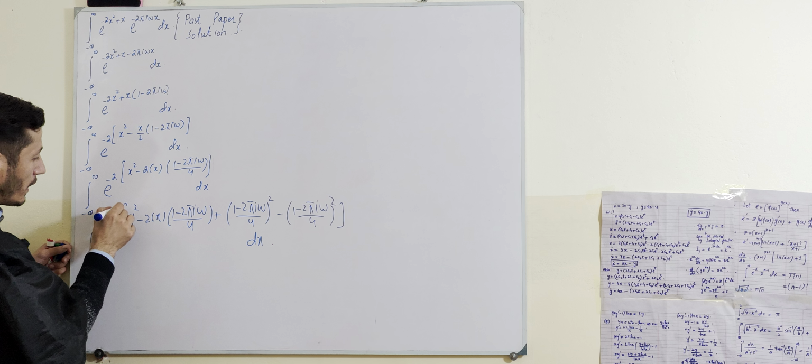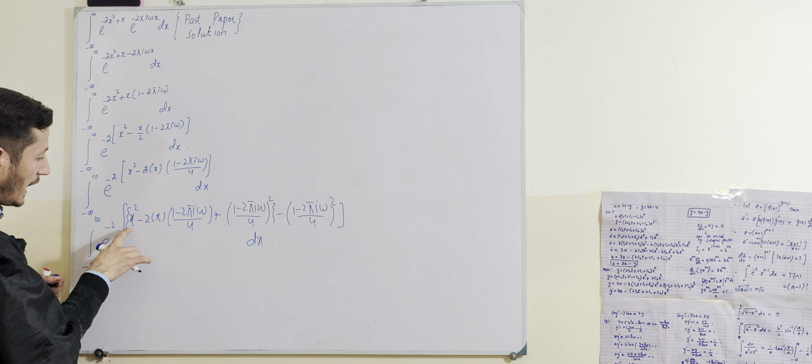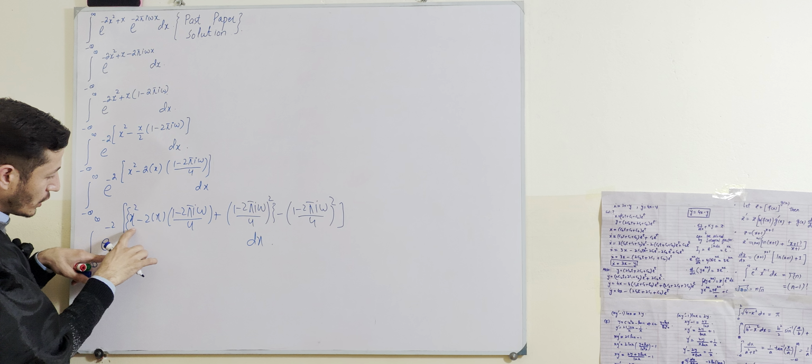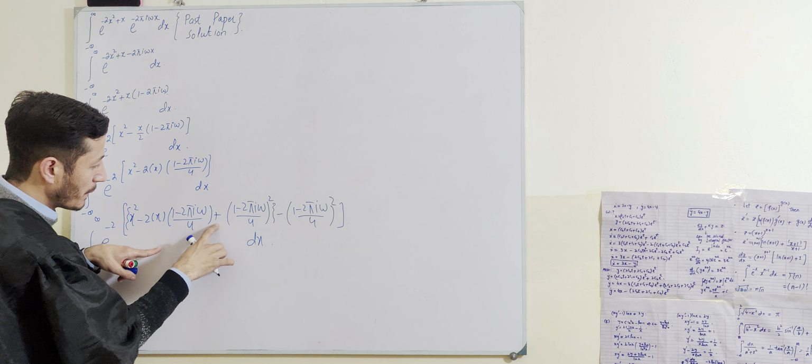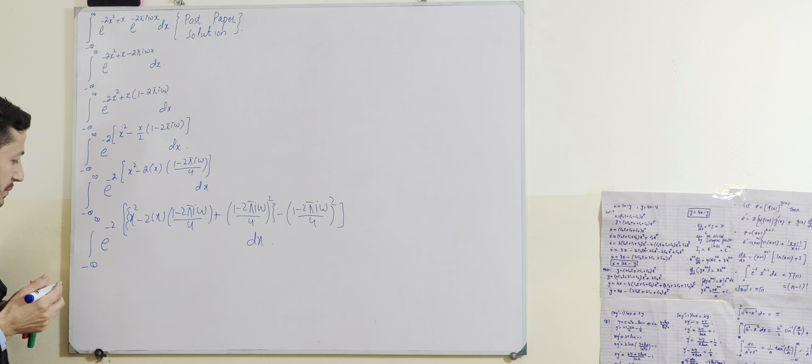Now this part is the formula a² - 2ab + b², so I can write the whole thing in the form (a - b)².